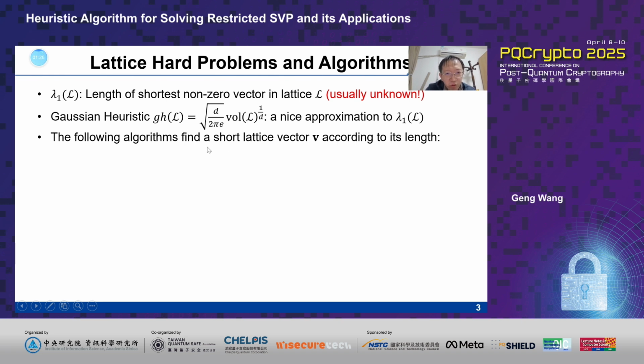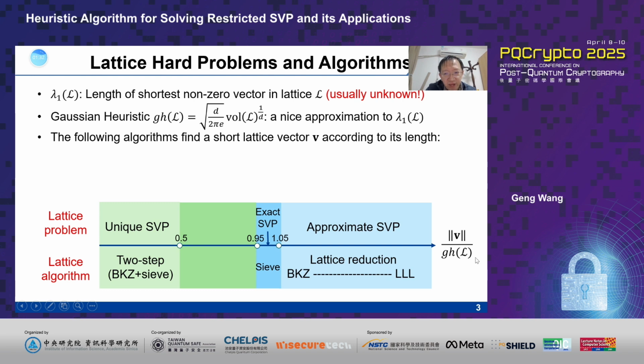The following algorithms find a short lattice vector v, and we classify these algorithms by the ratio between the length of the target vector v and the Gaussian heuristic of the lattice L. If the ratio is between 0.95 and 1.05, we should use the lattice sieving algorithm to solve exact SVP.